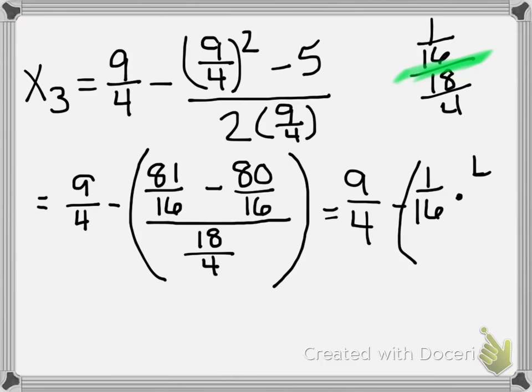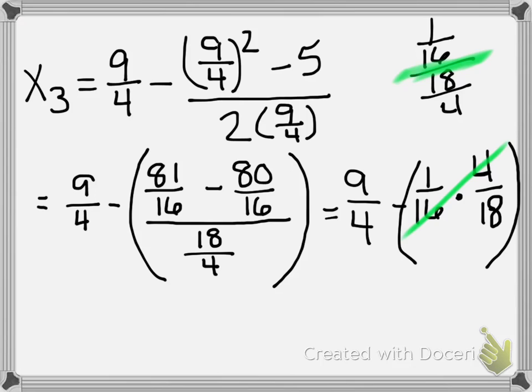so we have 4 over 18, and then we could go ahead and multiply across, but if you'll notice right down here, the 16 and 4, we can actually do something with that.